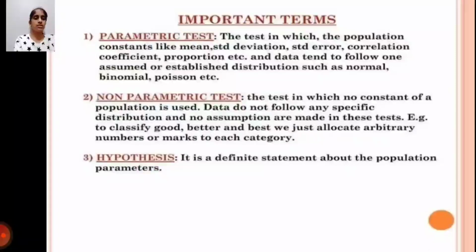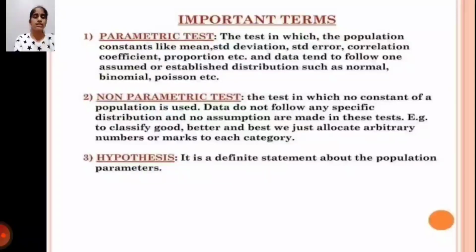First, the parametric test: the test in which the population parameters like mean, standard deviation, standard error, correlation coefficient, proportion, etc., and data tend to follow one assumed or established distribution such as normal, binomial, Poisson, etc. And the second important term is non-parametric test: the test in which no parameter of a population is used. Data do not follow any specific distribution and no assumptions are made in this test.